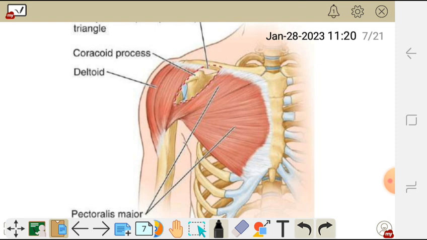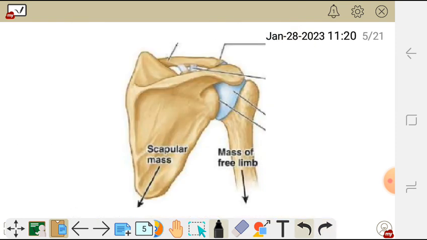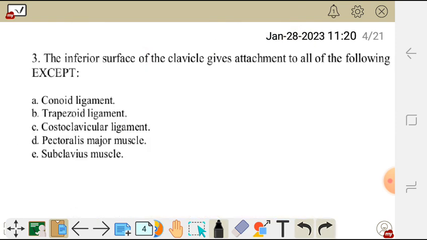It attaches on the anterior surface of the clavicle, not on the inferior surface down there. So it is on the anterior surface of the clavicle and on the sternum. That's where the pectoralis major muscle attaches. It is not on the inferior surface. So the correct answer is D, the pectoralis major.